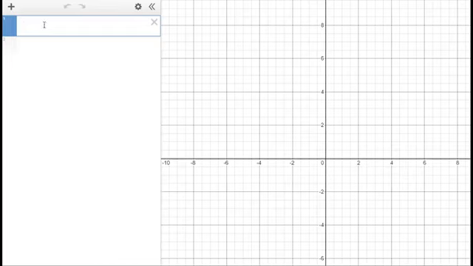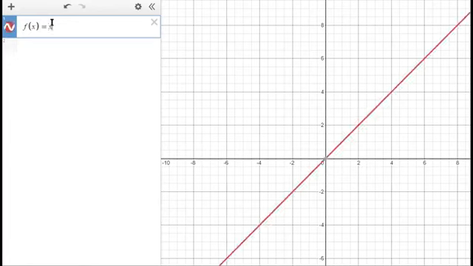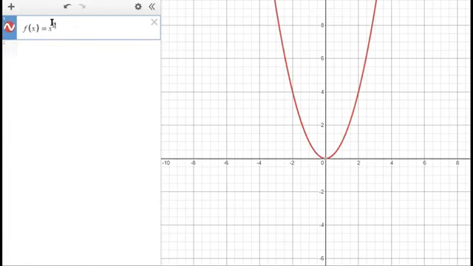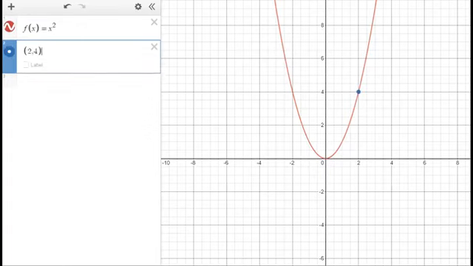I'm going to type in f of x equals x squared. And what do I get? I get this U-shaped graph right here. It's got a point at 0, 0, and it's also got 2 other points, right? It's got a point at 2, 4, and -2, 4.